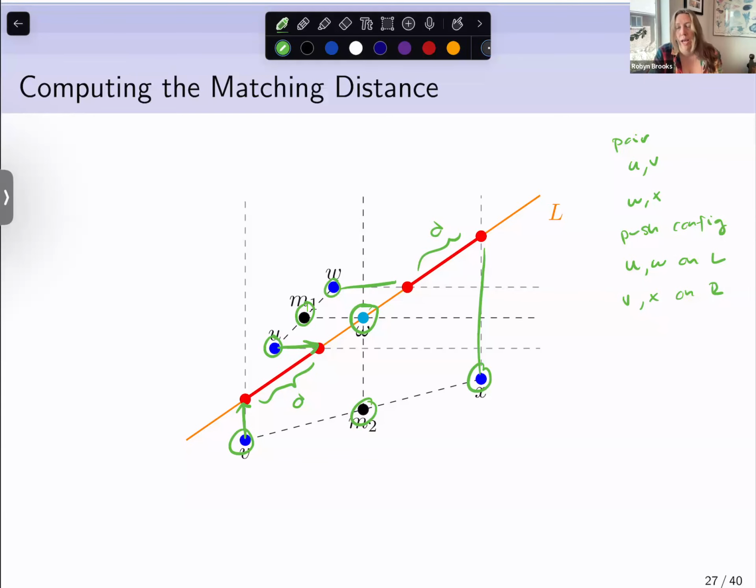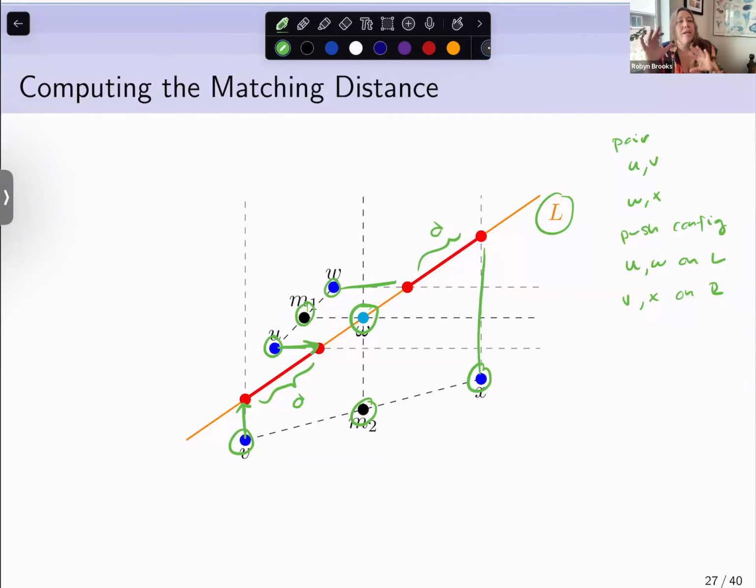That'll be true on any line through omega. What does this mean? It means if there's a matching whose cost is realized by the push of U and V, and another matching which is realized by the push of W and X, then the cost of those matchings is the same on this line L.